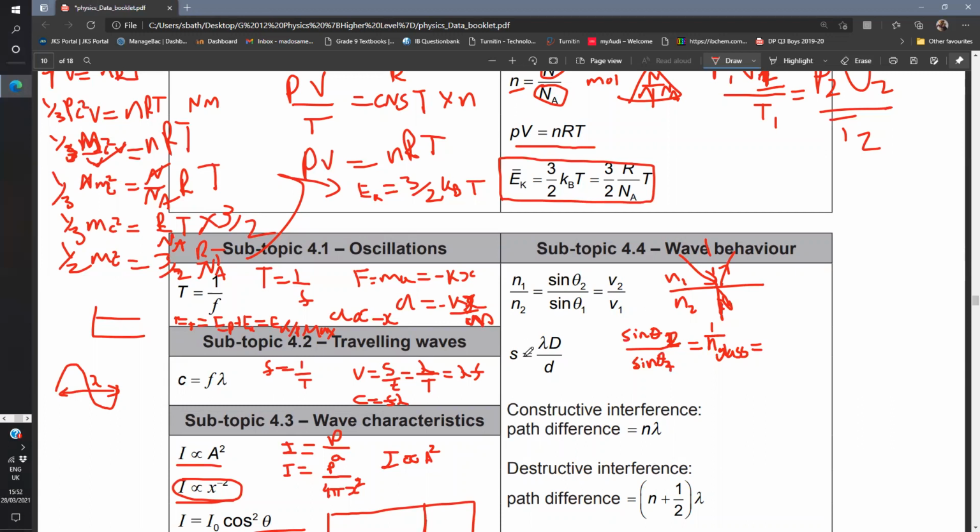Okay, and now we're going to derive this formula. Let's take an example. So we have 2 slits here. Let's draw a triangle like that.